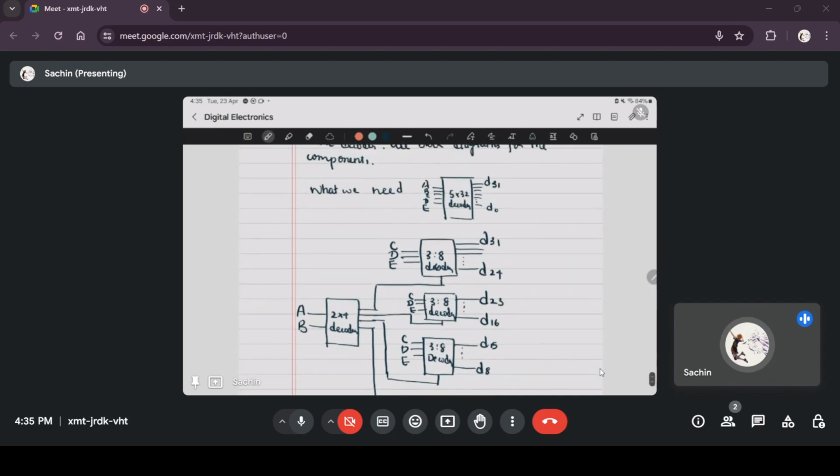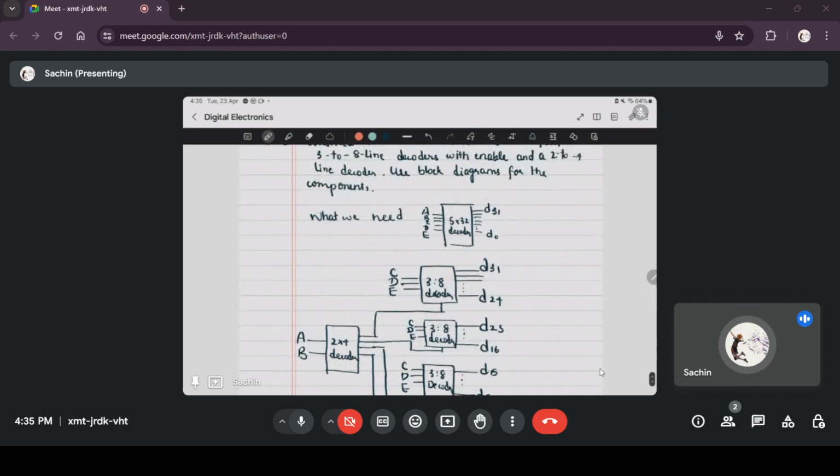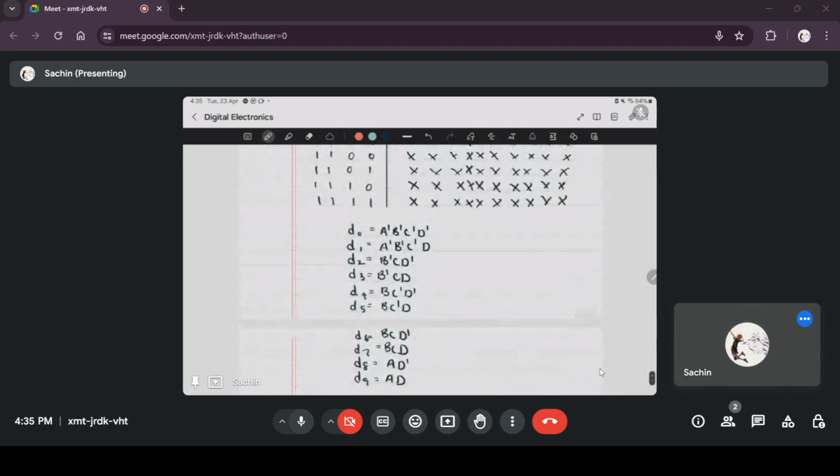So what happens is similar to what I said before. If A, B are both 1 and 1, then D3 will be selected.